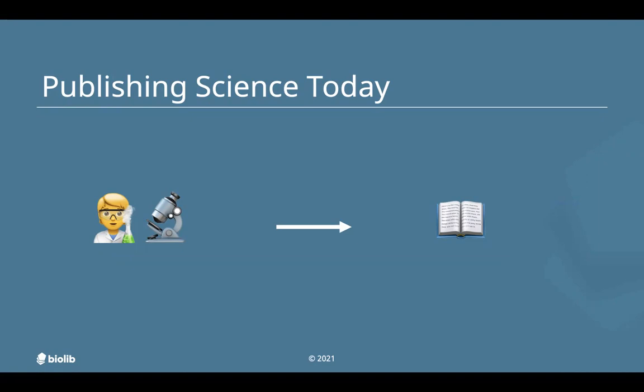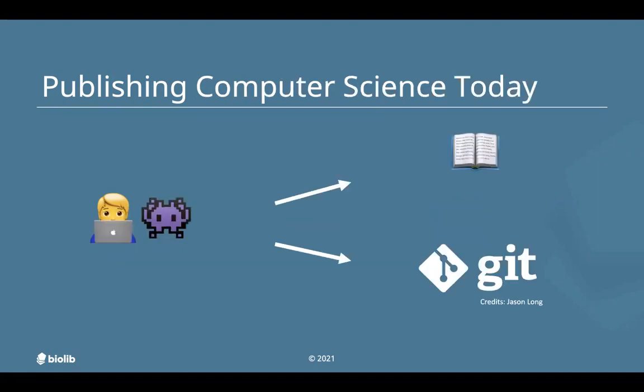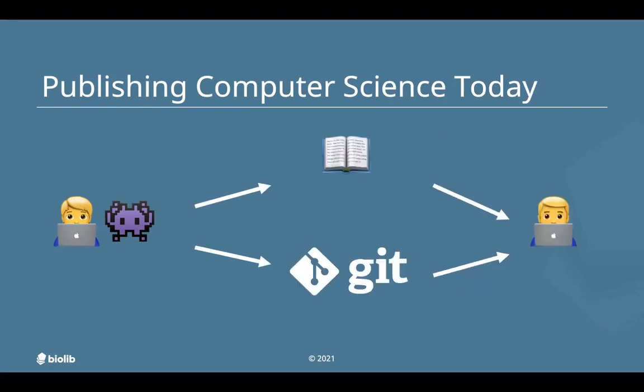I'm of course talking about general science here, so let's try to be a bit more specific. If you take a subject like computer science, which I studied, typically, when you publish something, you will publish a paper with your findings, but you will also publish your code, right? Typically on a platform like GitHub or GitLab, you'll share your code directly with your peers. And that tends to work relatively well, right?